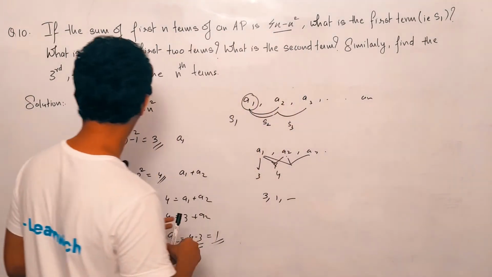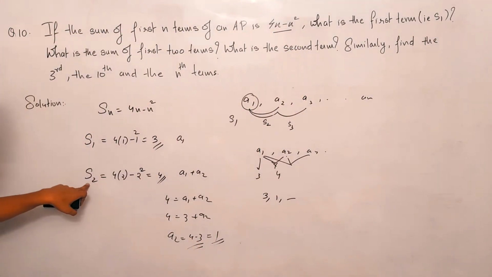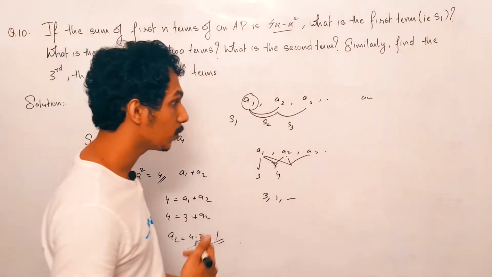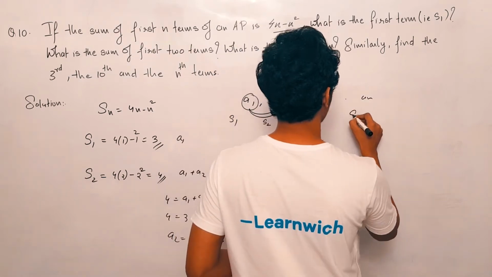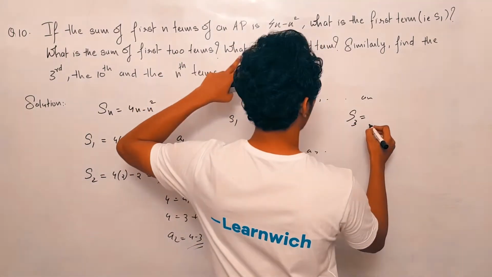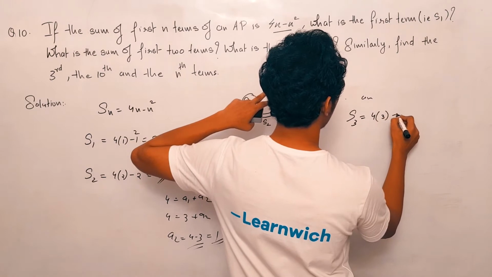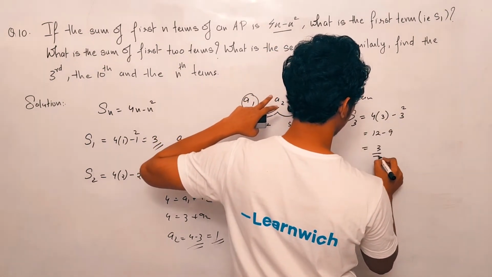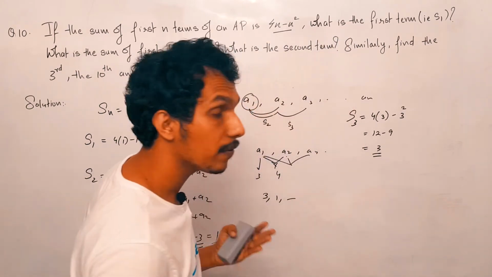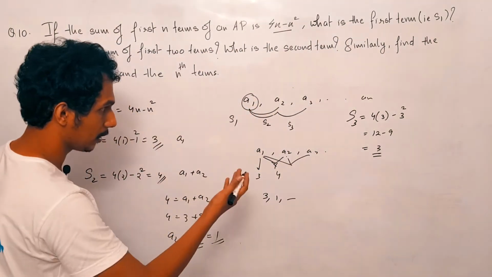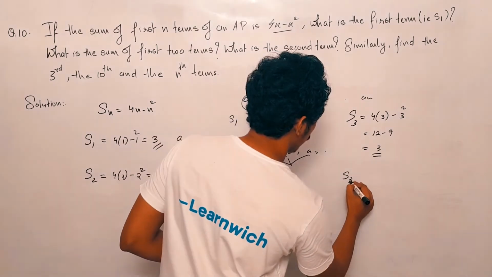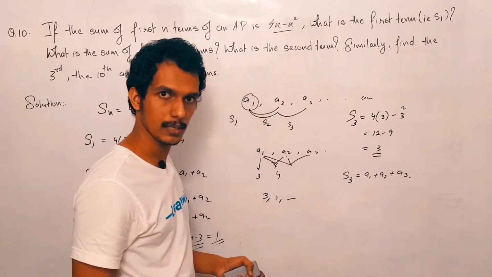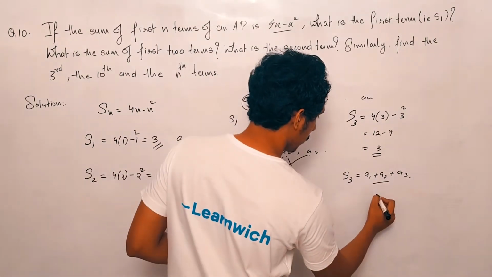When you were looking at the second term, you went for S2. When you were looking at the first term, you went for S1. So when you're looking for the third term, you are looking for S3. S3 is equal to, what is the definition? 4 into 3 minus 3 square, that is 12 minus 9, the answer is 3. Sum of first three terms, that is S3, is equal to A1 plus A2 plus A3. What is A1 plus A2?